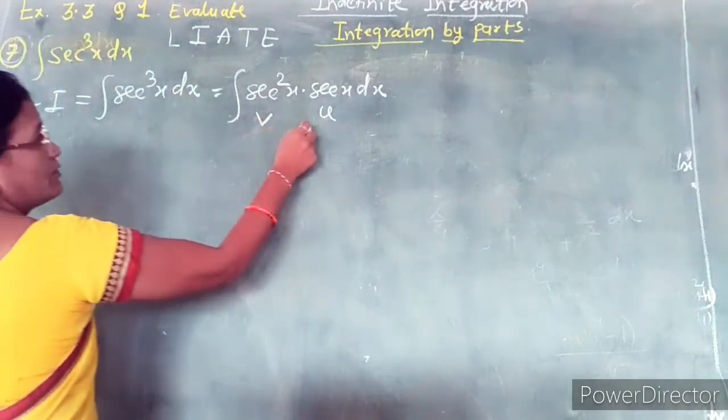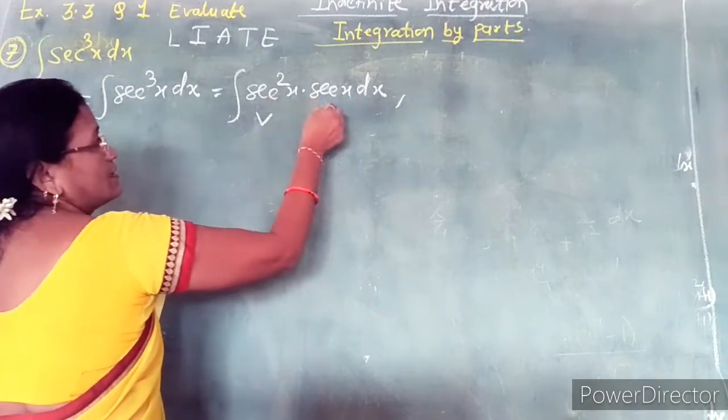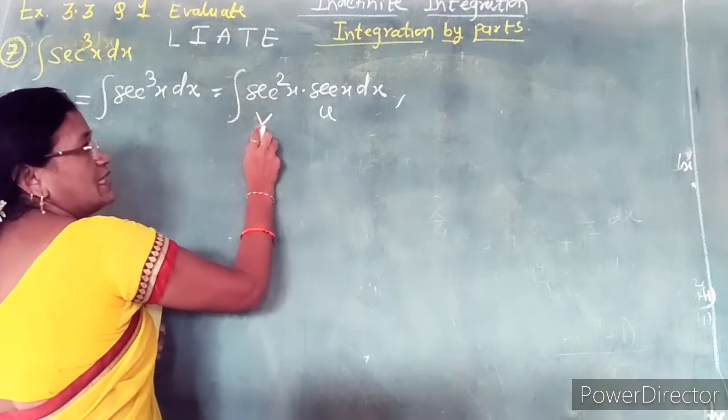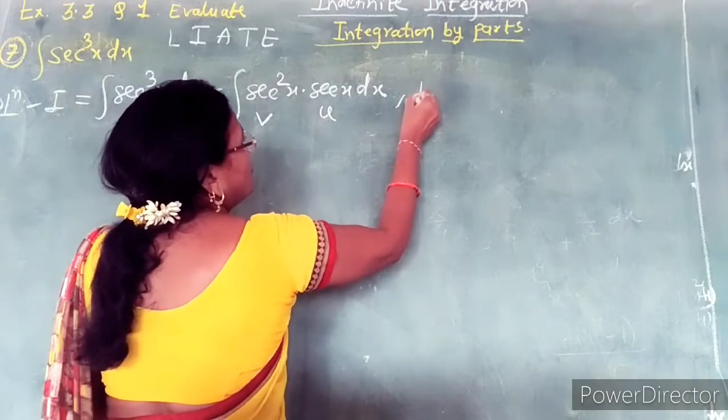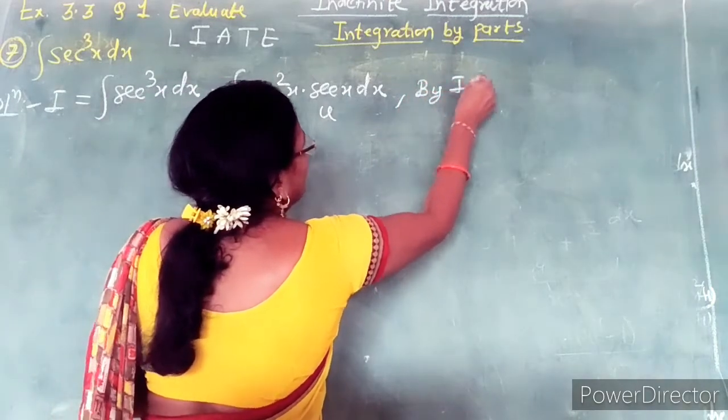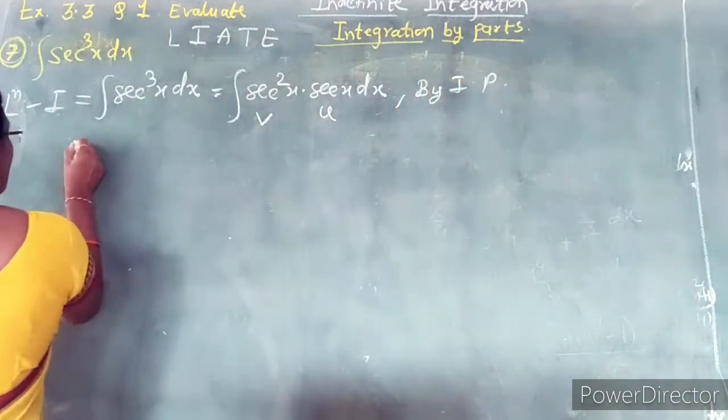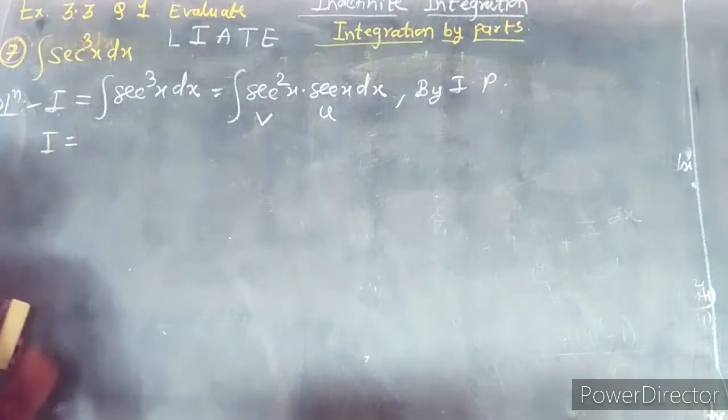So your choice of u and v depends on the corresponding v which can be integrated easily. So we take here integration by parts. This integral I can be evaluated.